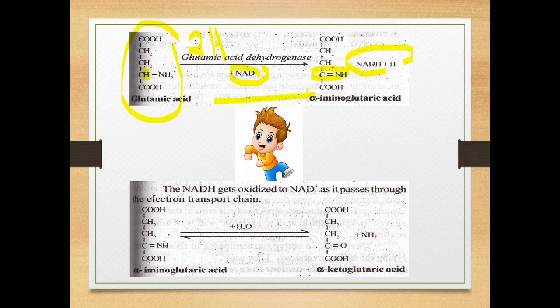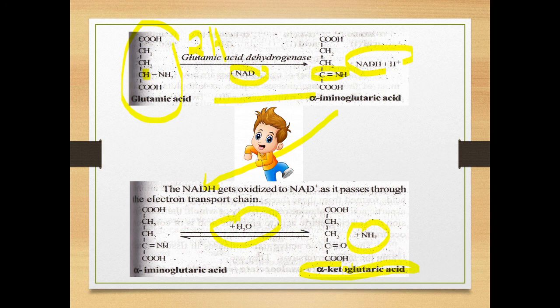So this is the first step, removal of hydrogen atoms. In the second step, water is added to the alpha iminoglutaric acid and hydrolysis takes place, where the nitrogen NH is removed and ammonia is produced. So the alpha iminoglutaric acid becomes alpha ketoglutaric acid.